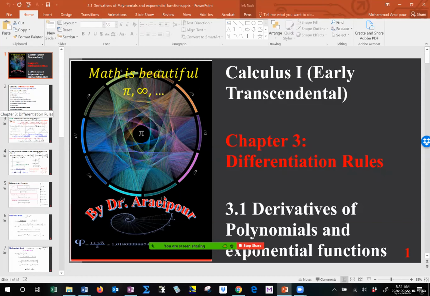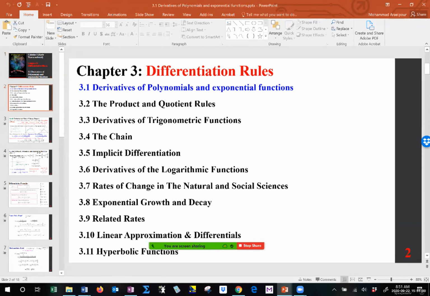All right, class, we are looking at section 3.1, derivatives of polynomials and exponential functions. In this chapter, we'll deal with the differentiation rules.